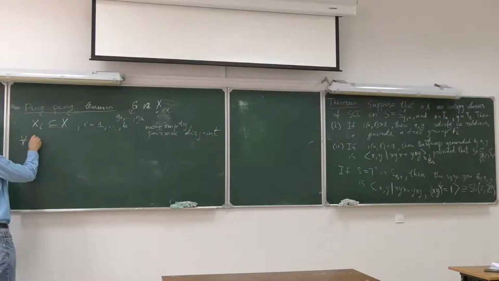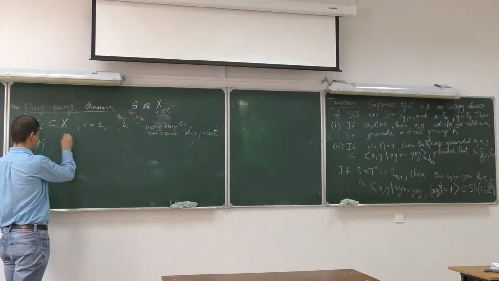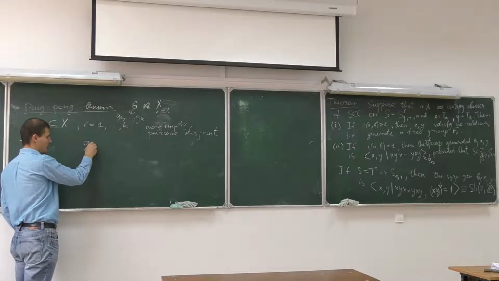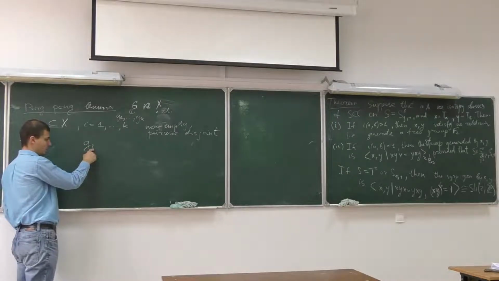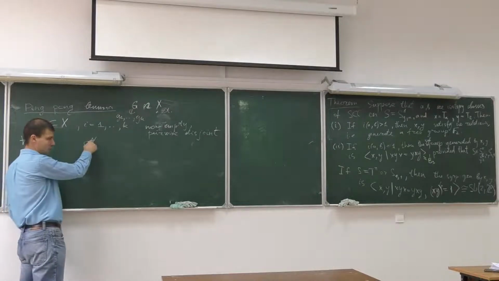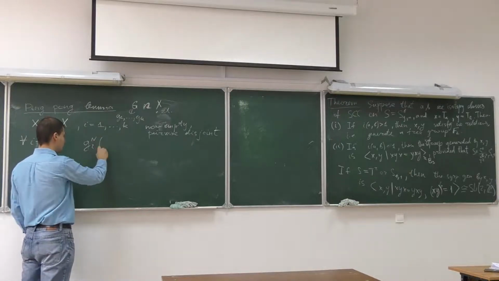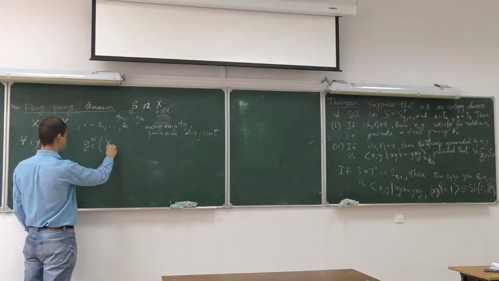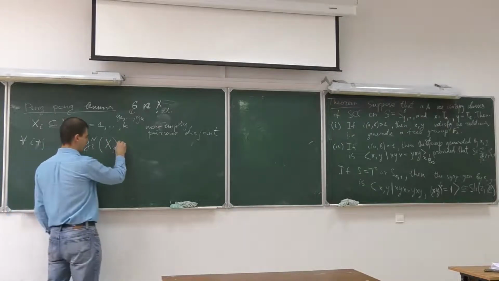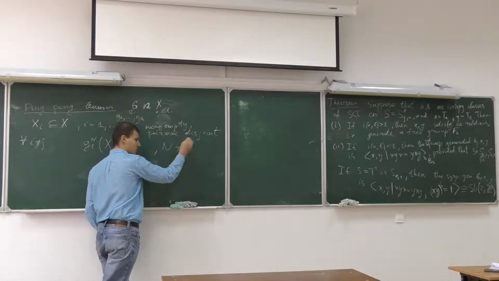So for any i and j, which are not equal to each other, we would like to have the following property: if we take the element g_i to some power n, which is non-zero, negative or positive, it doesn't matter, just non-zero, and we apply this to X_j, then we get into X_i, provided that n is non-zero, of course.